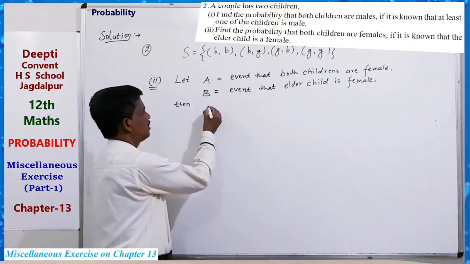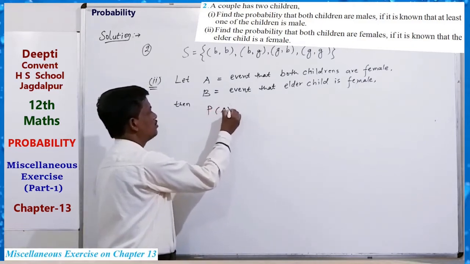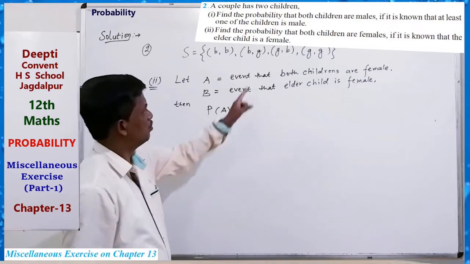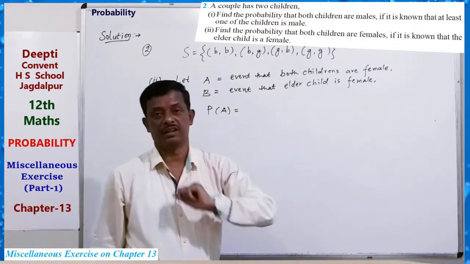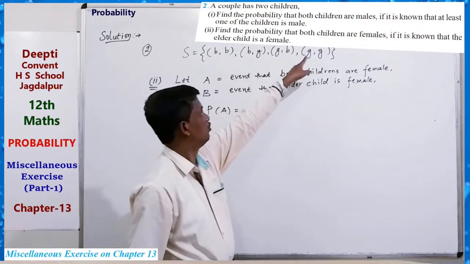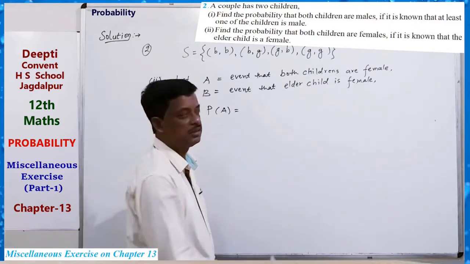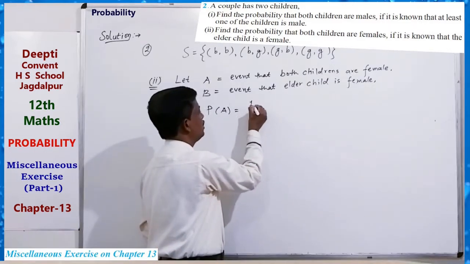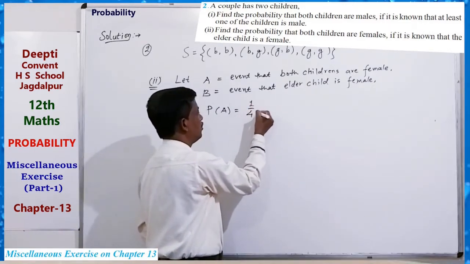So here we can write P(A) equals both children are female, one case, so 1 by 4.